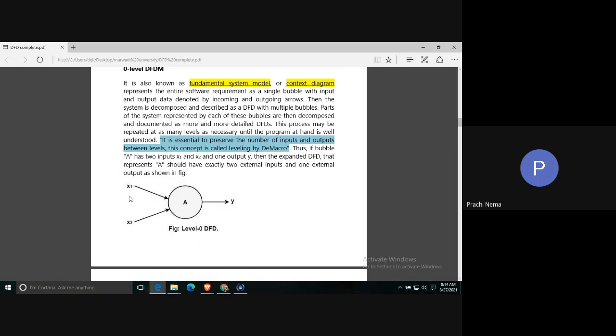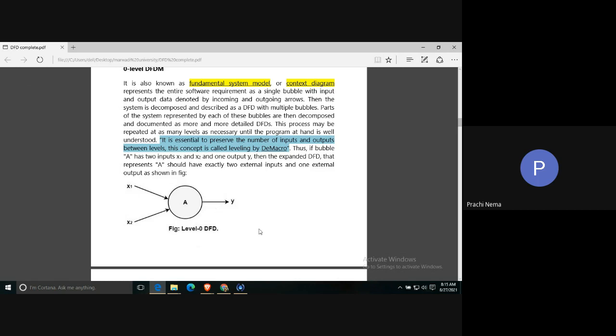So these x1 and x2 are going to be inputs to the process A. The output is the information flowing outward from the process A, represented by Y. So process A has two inputs and one output.